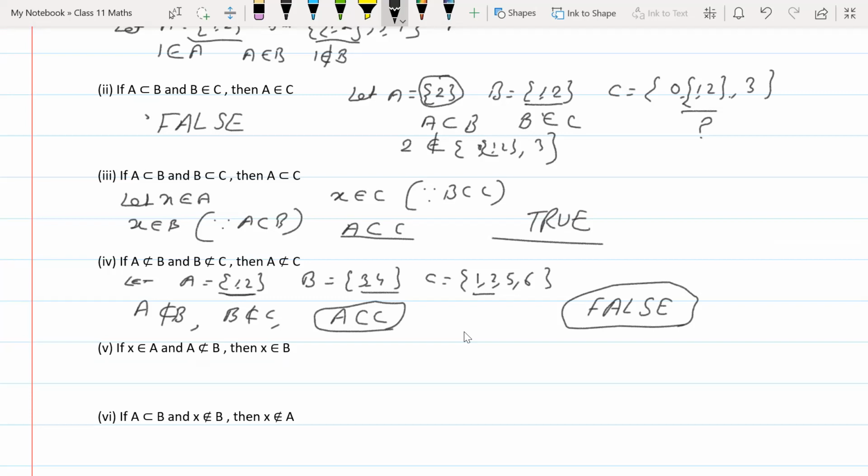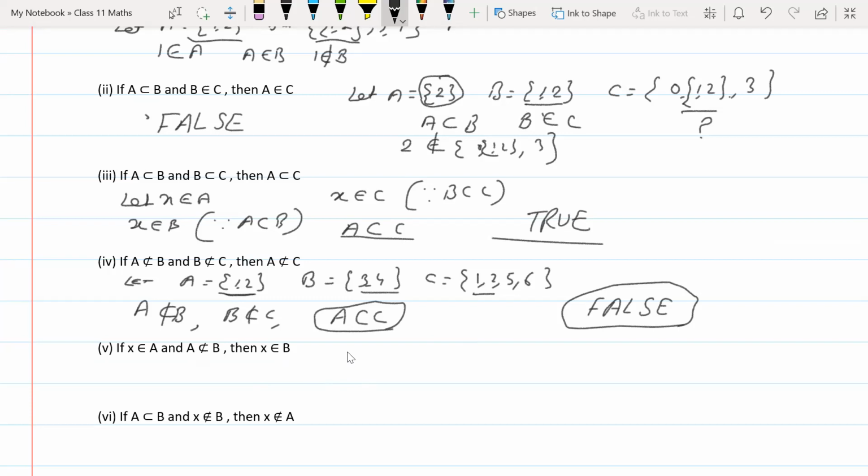Next, question number 2's part 5. If X belongs to A, and A is not a subset of B, then X belongs to B. Okay.